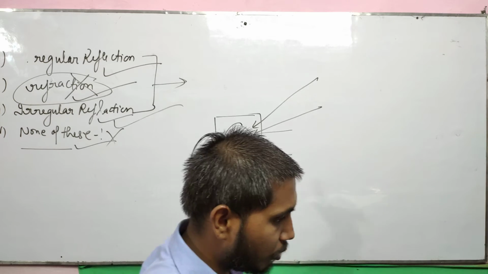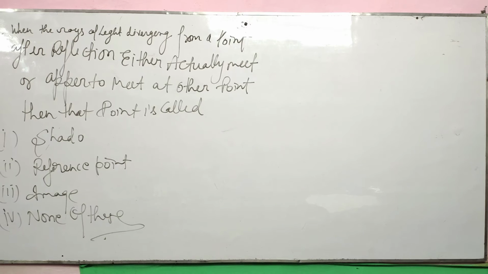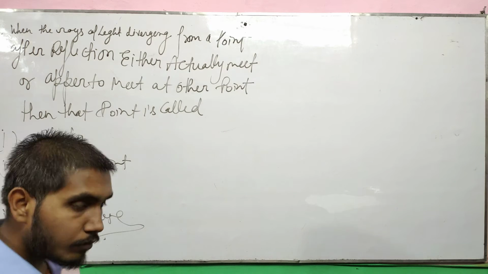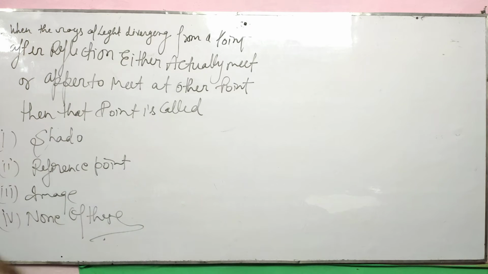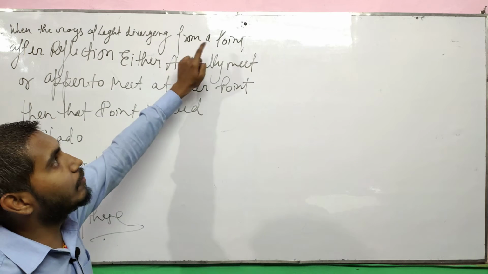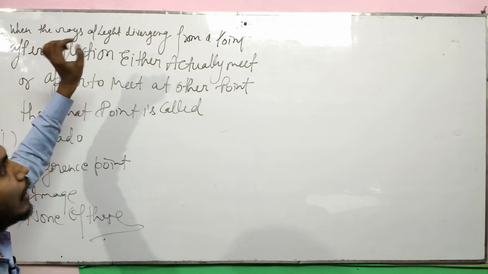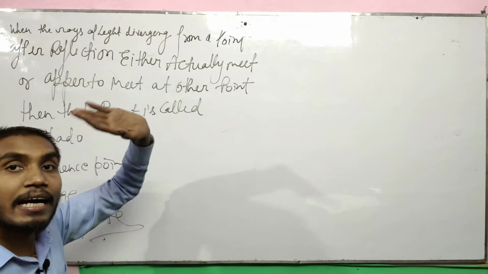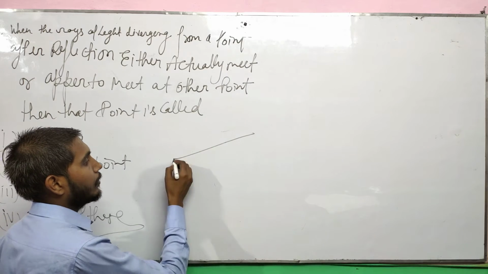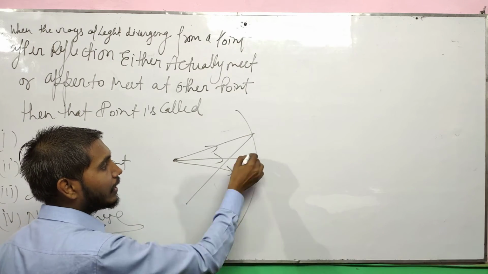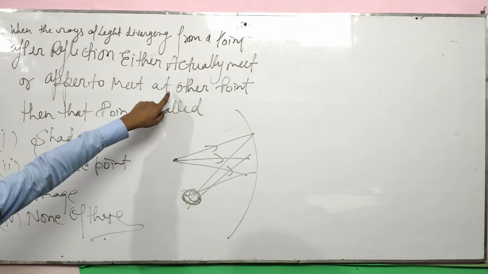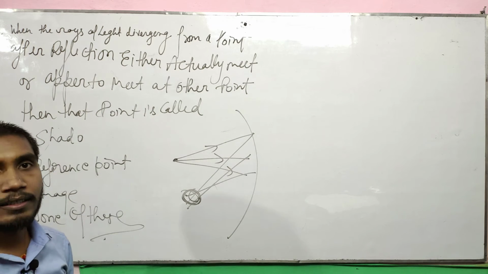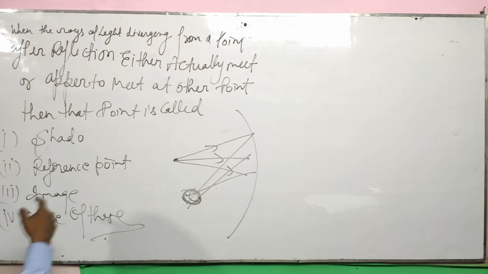Now, second question. When rays of light diverging from a point, after reflection, either actually meet or appear to meet at some other point, then that point is called what?